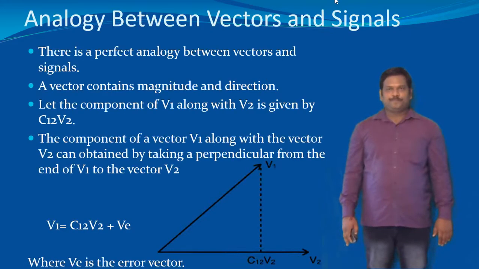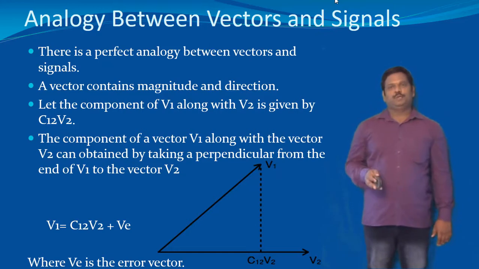And this is one choice of drawing the component from v1 to v2. There are two more choices of drawing the component from v1 to v2, given like this.